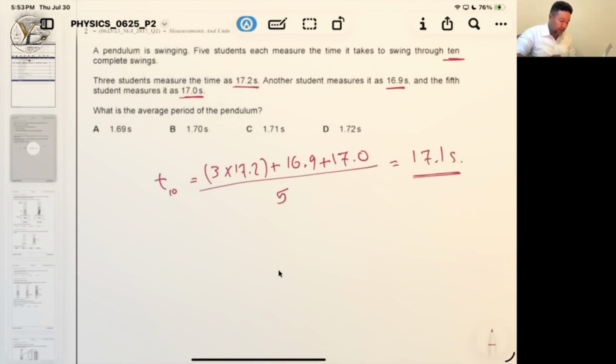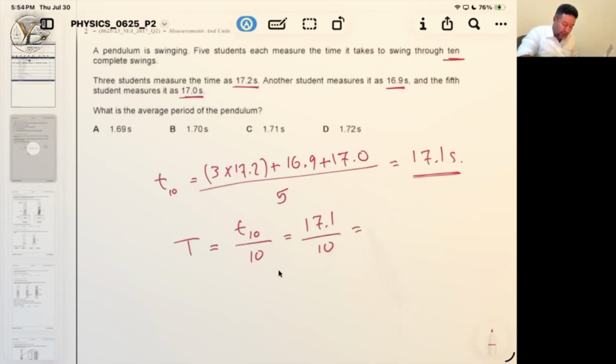So the average total time of 10 oscillations is 17.1. When I divide it by 10 to find the period T, T is the time of 10 oscillations divided by the number of oscillations. So 17.1 over 10 is 1.71. So the correct answer is letter C, of course, seconds.